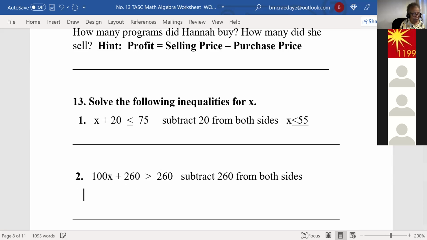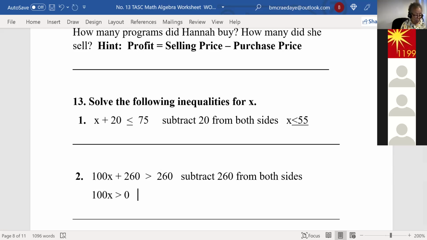So what you'd have left is 100X greater than 0, because 260 minus 260 is 0.